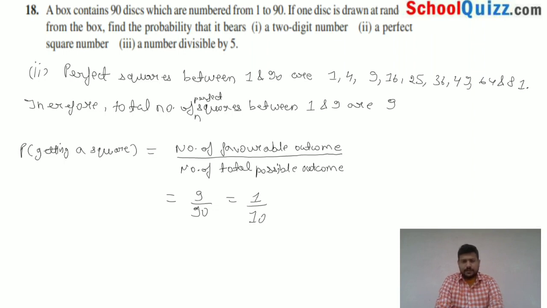So 1 by 10 is the probability of getting a perfect square.